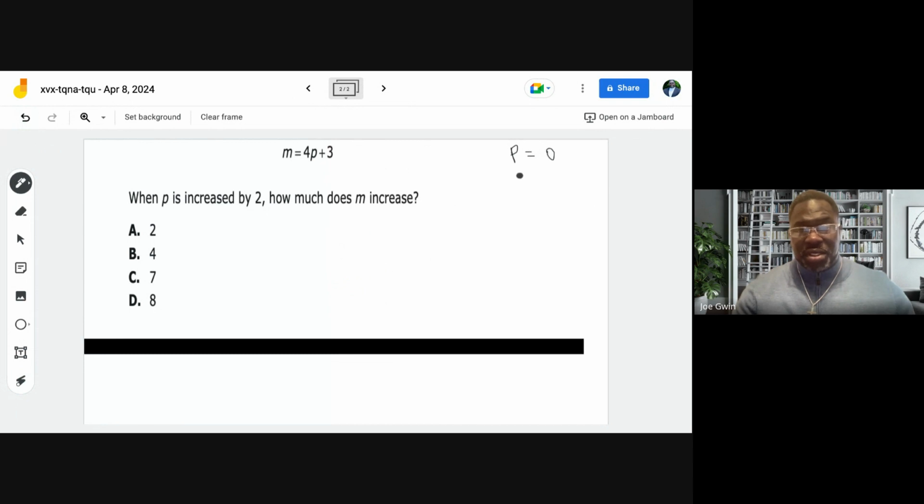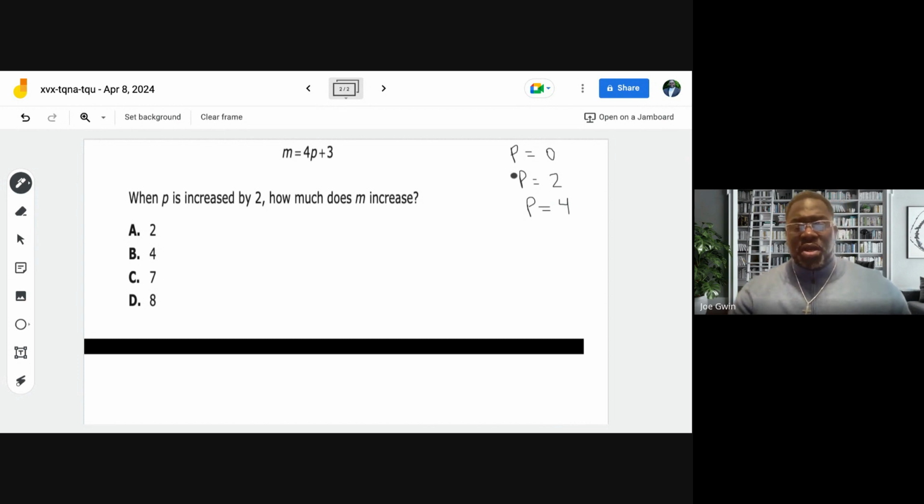If it was 0, then the next time it's going to go to 2, because 0 plus 2 is 2. And then if that increased by 2, 2 plus 2 would be 4. Okay, so those are the 3 values. I could choose more, but I wanted to choose at least 3 to see some type of pattern happening.